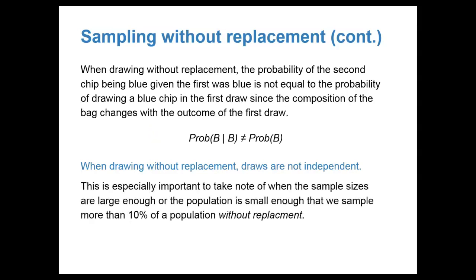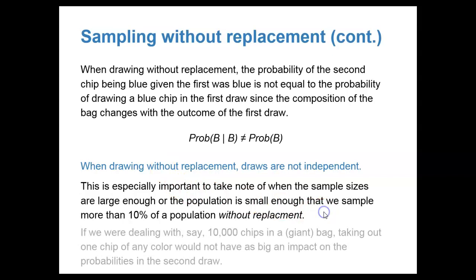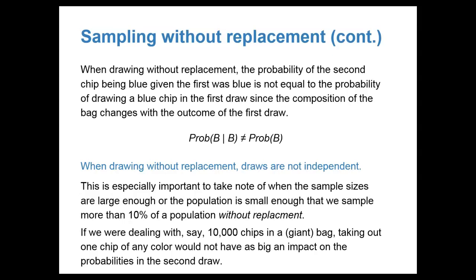This is especially important to take note of when the sample sizes are large enough or the population is small enough that we sample more than 10% of a population without replacement. If we were dealing with, say, 10,000 chips in a giant bag, taking out one chip of any color would not have as big an impact on the probabilities in the second draw.